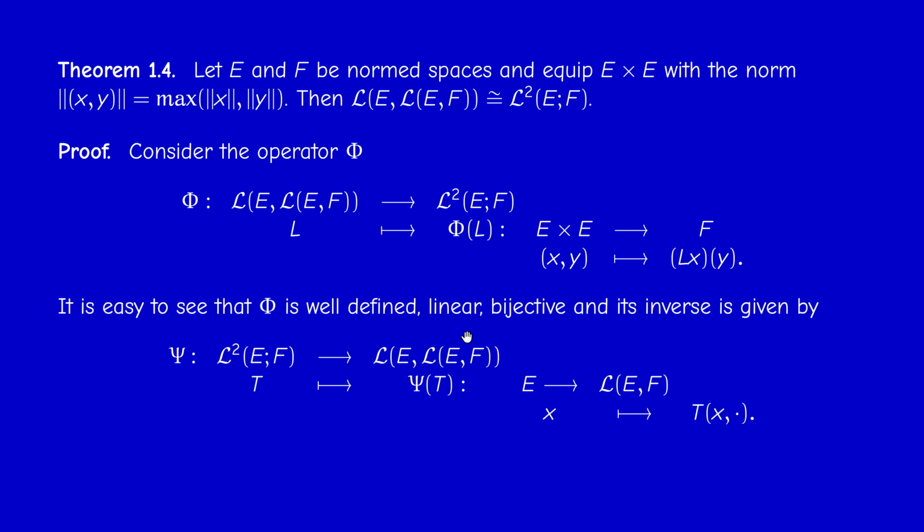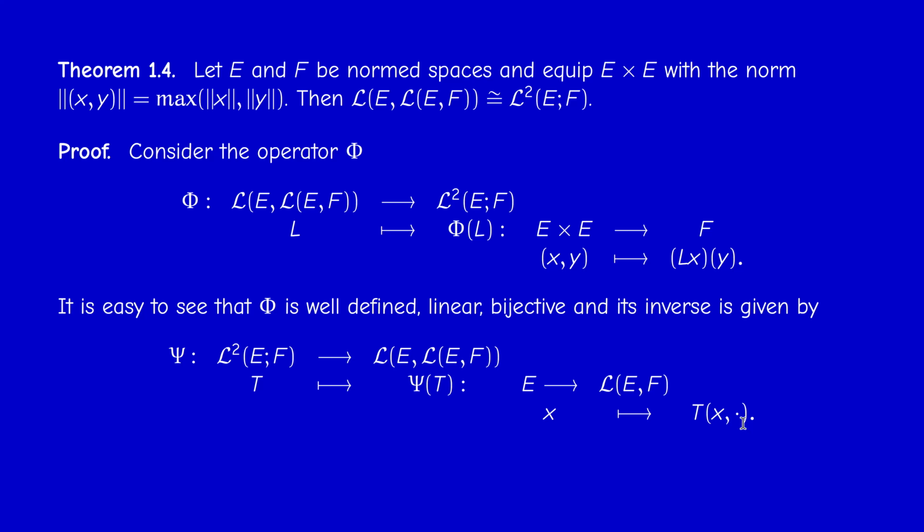So it's well defined, linear, and bijective. And the inverse is given by this map that I call psi. So psi is phi minus 1, the inverse operator. To each bilinear bounded map T, we associate psi of T, which is an element here. An element here, as we said, is a map from E into L of E and F that to each x in E associates the partial map T of x dot.